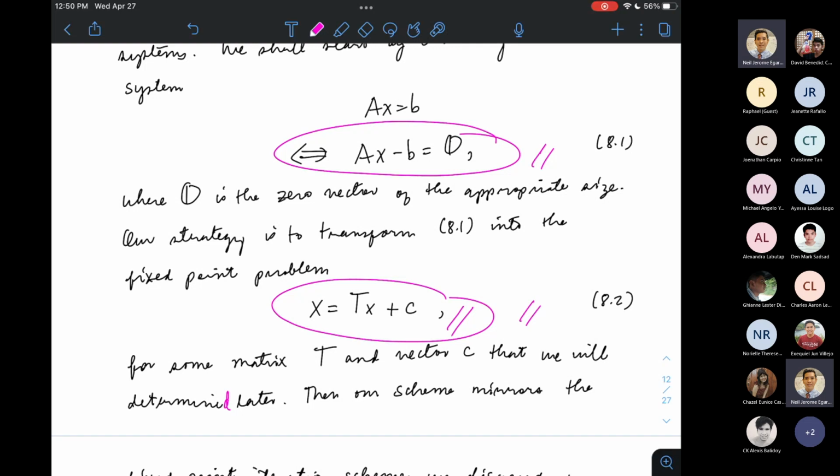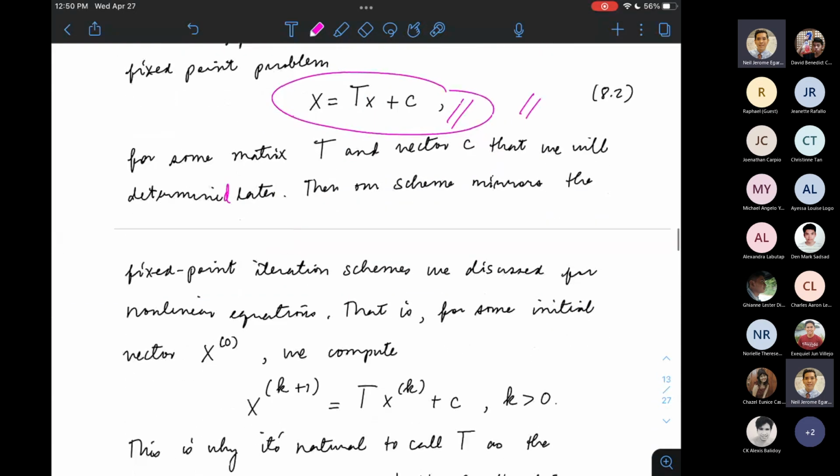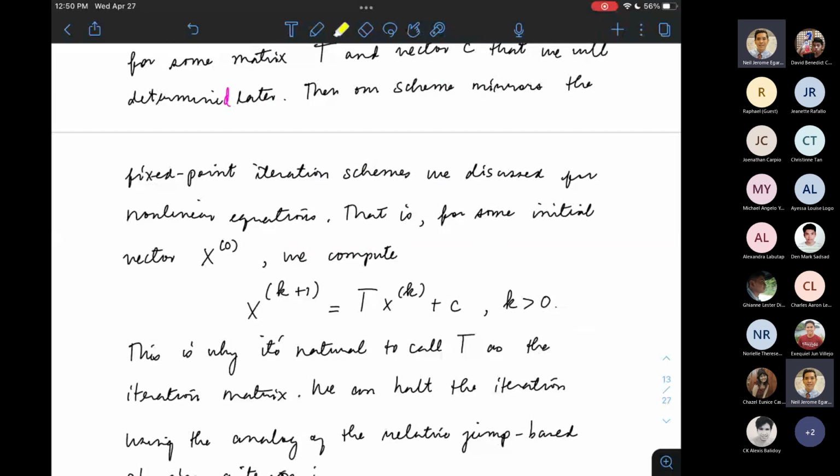But the beauty of this form, why do we translate it into a fixed point problem? Because we already know how to do fixed point iteration. All right? So what we'll just do is define a computation scheme or an iteration scheme that looks like this. The k plus 1 estimate, which is a vector. I used superscripts here because usually we use subscripts for the contents of a vector.